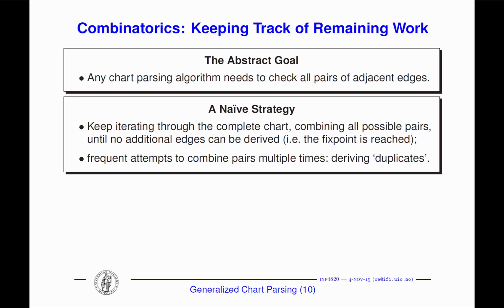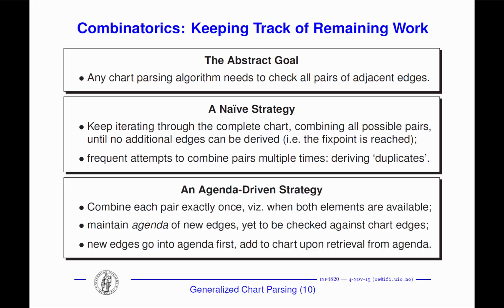This would obviously lead to frequent attempts to combine the same pair multiple times, and we would have to somehow guard against deriving duplicates. So this is a truly naive strategy. The reasonably obvious approach to actually solving this problem algorithmically is to add an agenda, a to-do list of remaining work in the parser, and see to it that for each pair of edges we attempt their combination exactly once.